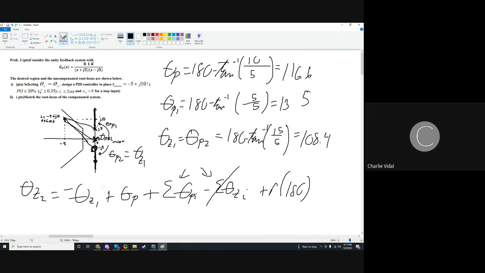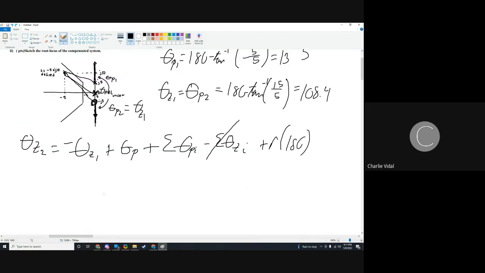So moving on, we're going to calculate theta z2. So one thing about this is going to be 108.4, and it's actually going to cancel out with theta p2, obviously, because they're at the same point. This is plus 116.6, plus 135, and this is the plus 108.4.